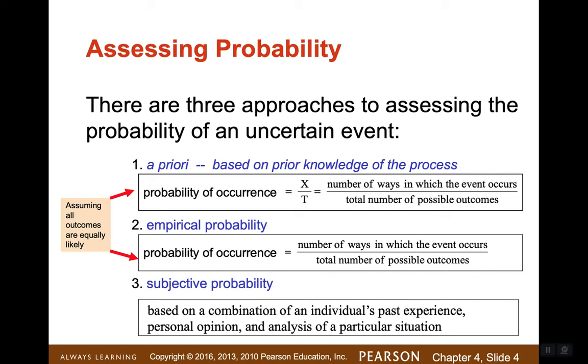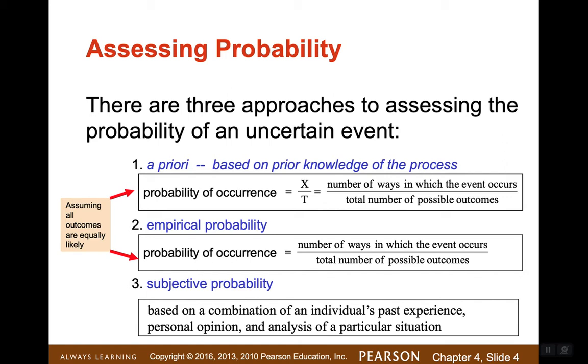We know the total number of possible outcomes, and we know the number of ways in which a particular event can occur. So we divide the number of outcomes into the number of events, and we get a percentage, which is the probability of occurrence.